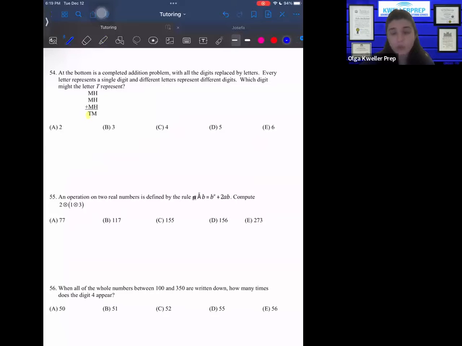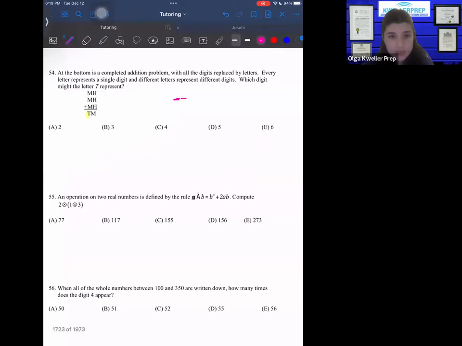Okay, so what we know is that we have a 2-digit number, MH. And when we take MH and triple it, because it's MH plus MH plus MH, we take a 2-digit number and multiply it by 3, and we end up still with a 2-digit number, right?